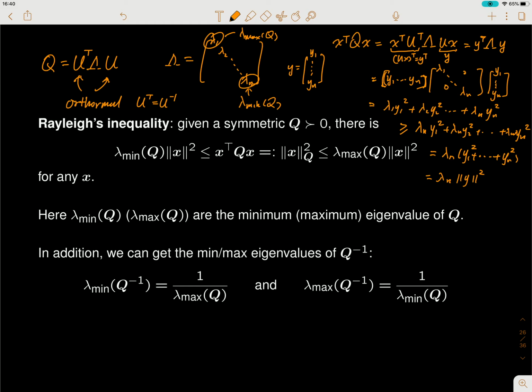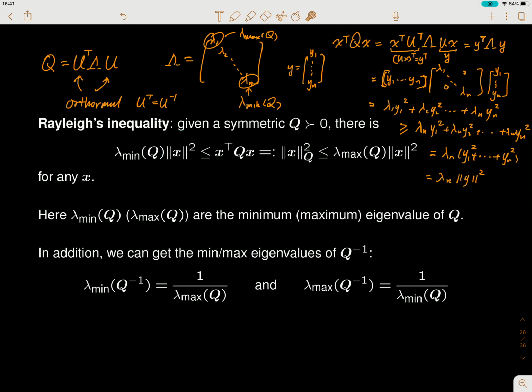So what I showed here is that x transpose Qx is bigger than or equal to lambda n times the y norm squared. What I really want is that x transpose Qx is bigger than lambda n times the x norm squared. The only difference is that here I have the norm of y and there the norm of x.